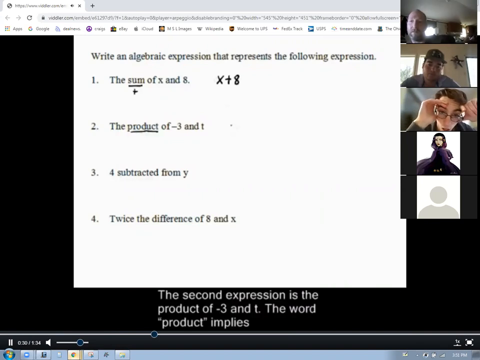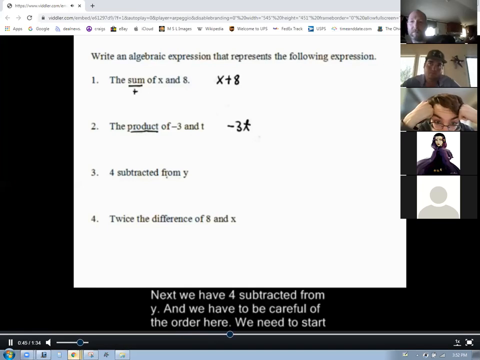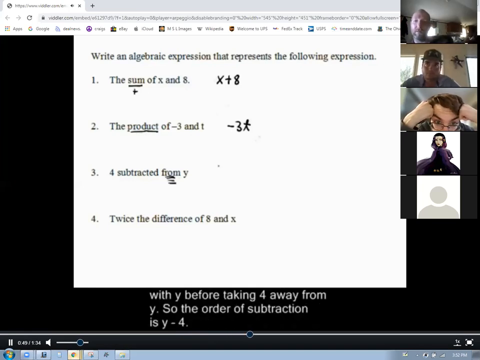The word product implies multiplication, so I'll write the algebraic expression as -3 times t, or simply -3t. Next, we have 4 subtracted from y, and we have to be careful of the order here. We need to start with y before taking 4 away from y. So the order of subtraction is y minus 4.